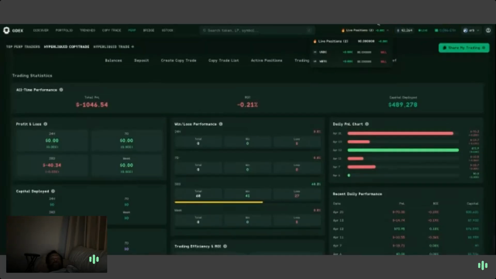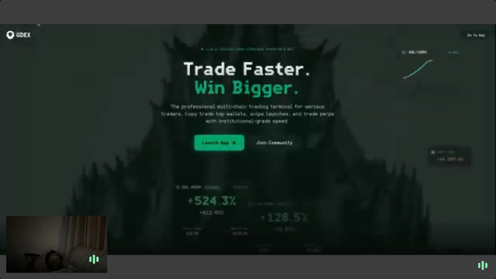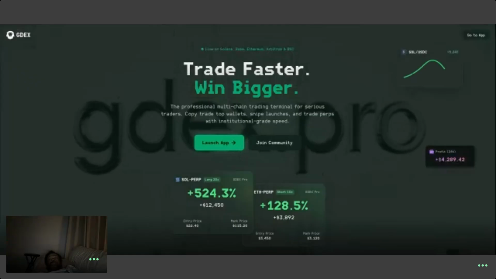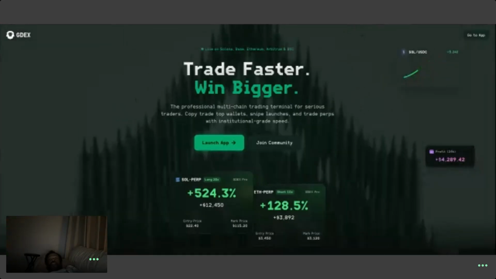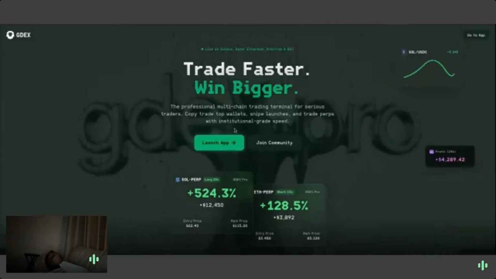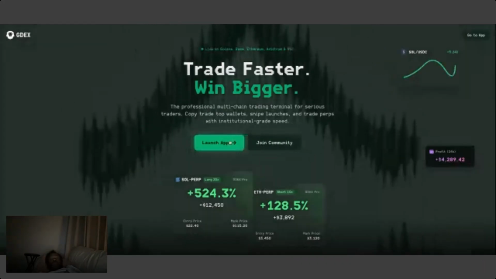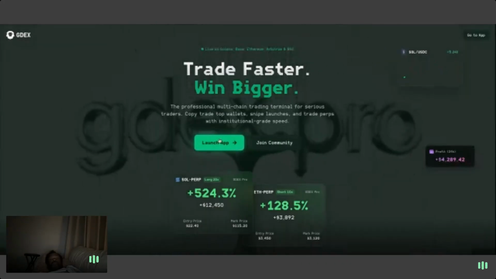Now let's see here. So going back to Gdex.Pro, let's go to the home page. Let's go through some navigation here. So here on Gdex.Pro is the home page. And you can see the chat here.